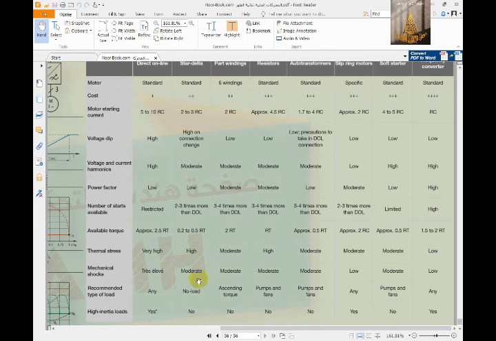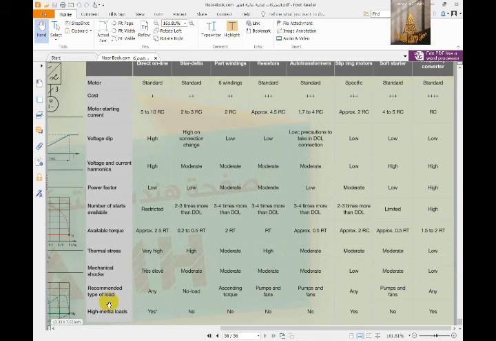Star-delta is moderate, part windings is moderate, and resistor is moderate. Auto transformer is moderate. Slip rings is low. Soft starter is moderate, and frequency converter is low.